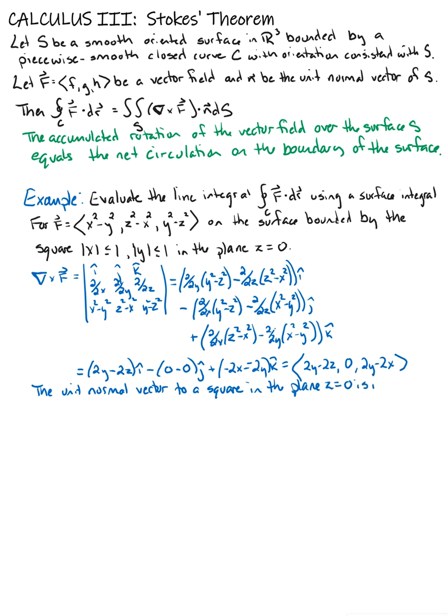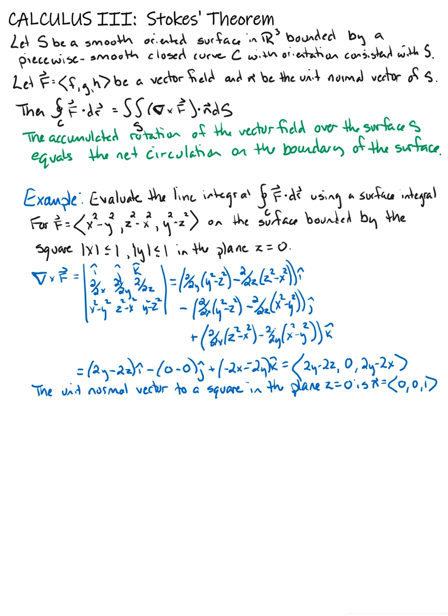Oh, that's pretty simple, right? That's just 0, 0, 1, because we're just going perpendicular to that plane, right? And that plane, of course, is z equal to 0. That means it's in the xy plane. The x and y values vary, and normal to that would be just in the z direction.